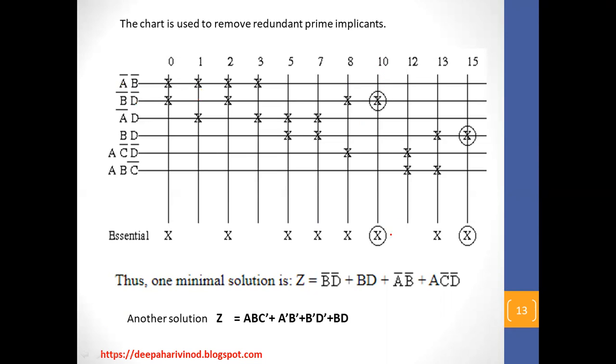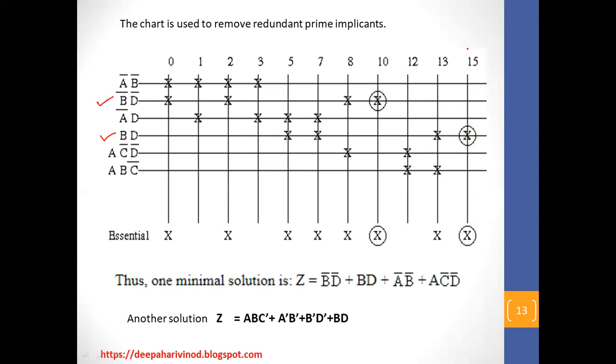So we have to choose that as the essential one. And for 15, it is covered by this only. So I have to choose this because you don't have any other check marks over here. These two are very essential ones.